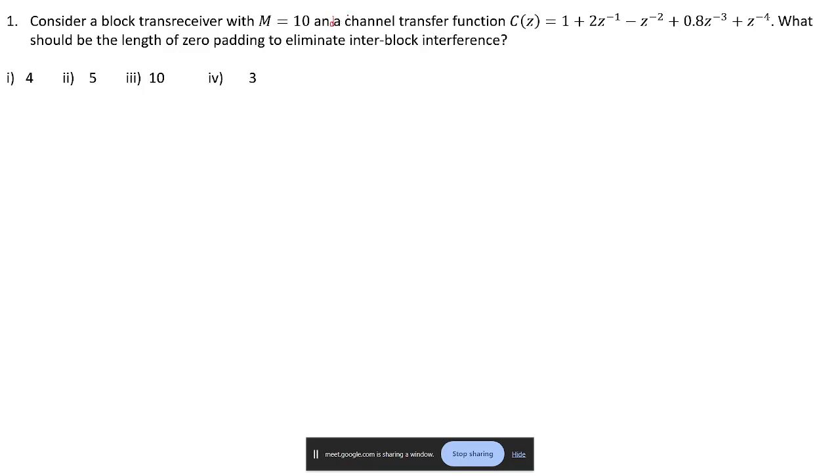By the way, when you say block transceiver with M equal to 10, you can remember from the previous lectures and also from our problem solving sessions, that it means there are M filters on the transmit and receiver side both. On the transmitting side we call them transmit filters and on the receive side we call them receive filters.